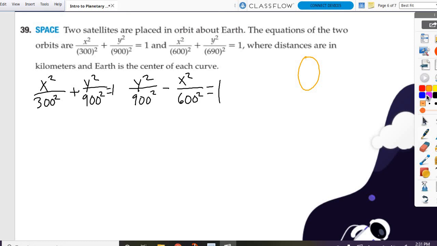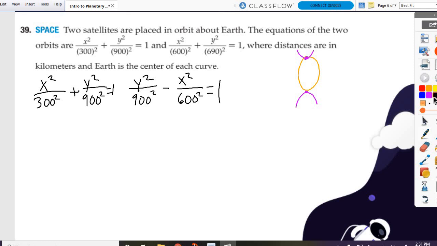And because my a value for my hyperbola is the same as the a value for my y, our vertexes will be the same, which means that they should meet at our vertices. And we're just going to prove that algebraically.